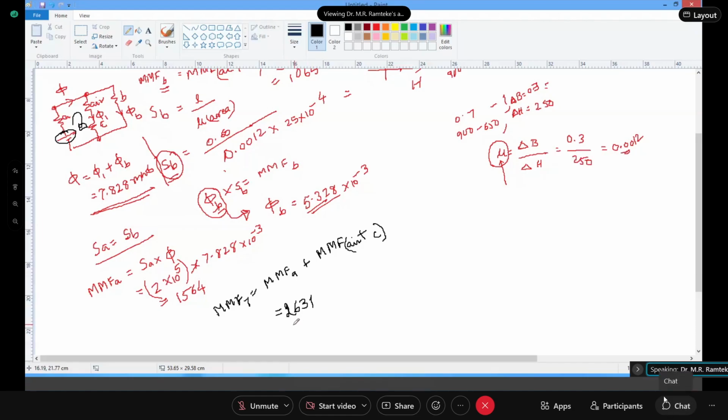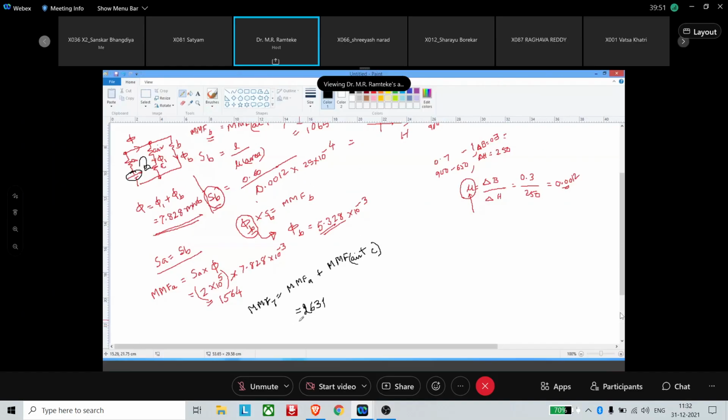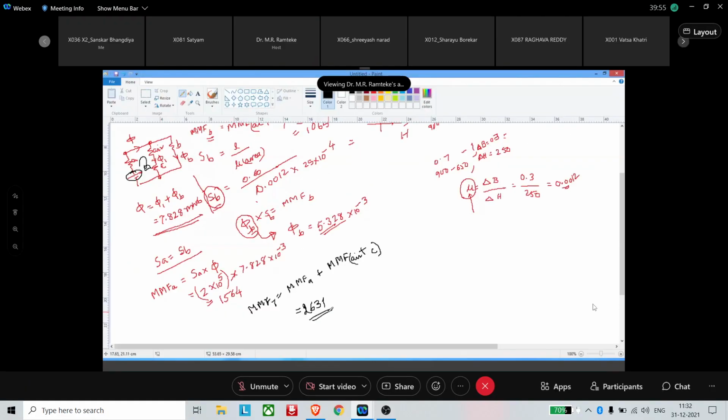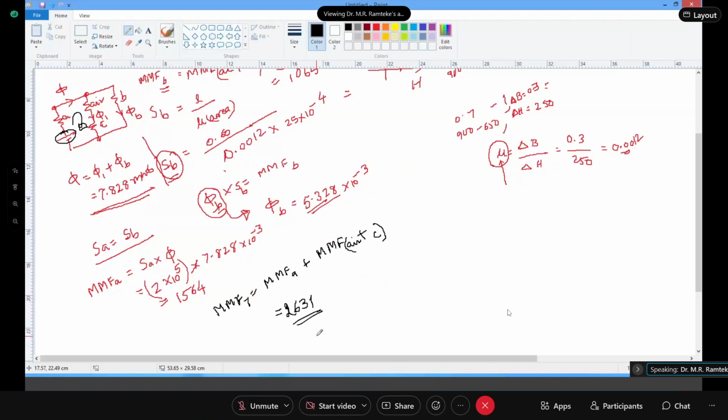So total MMF is 2631. What was our question? Find the required current. Am I right? Yes, sir. So now this total MMF will be supplied by our source, which is 2631.